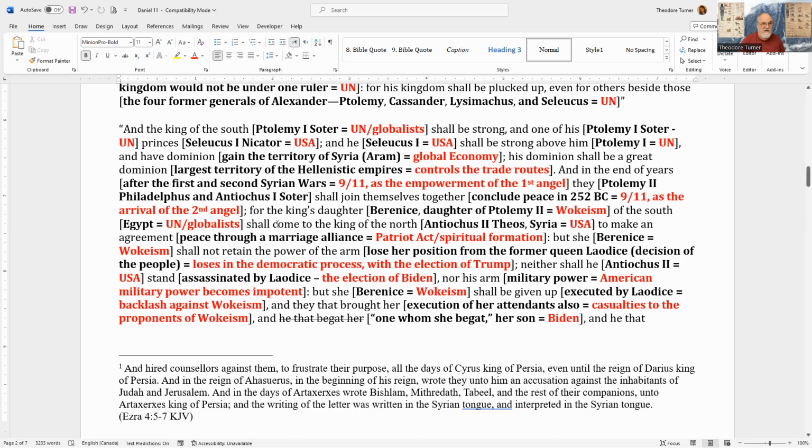So we're saying that this is looking to the future, right? We're looking at this backlash coming, and Biden is going to be the son, right, of Berenice, right?